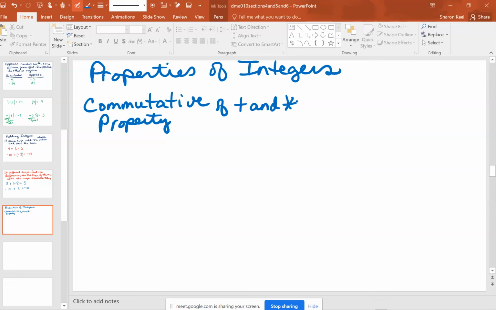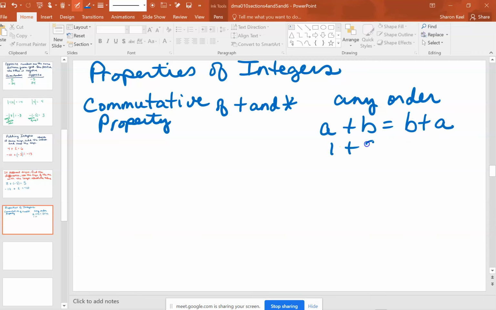With the commutative property, you can add in any order. This applies to addition and to multiplication. You can use any order. So for example, you could take A and B and add them, or you could put it in the order B plus A. In other words, 1 plus 2 is 3, and 2 plus 1 is still going to give you 3.